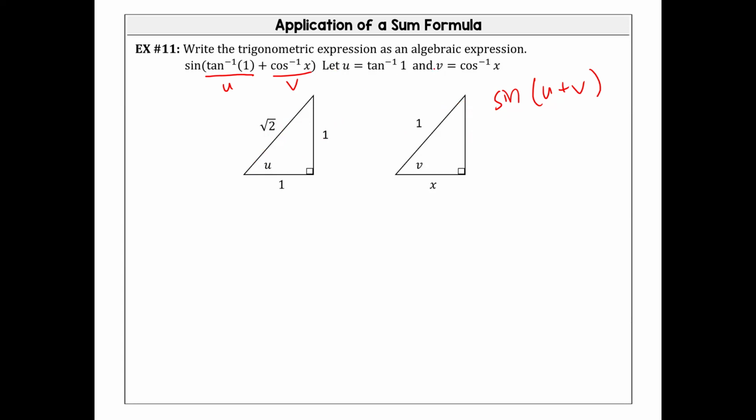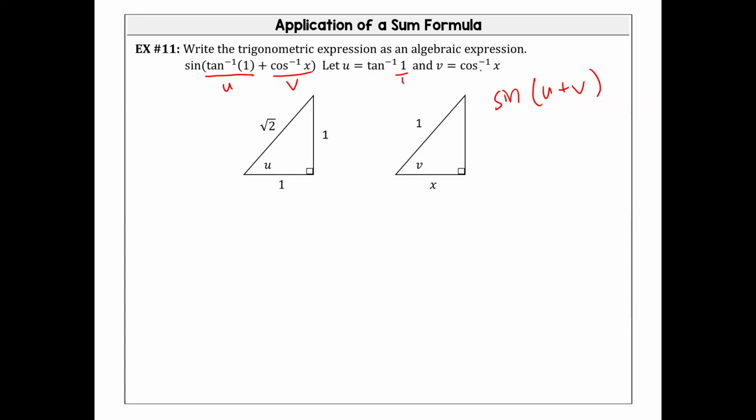On the next one, it says V equals cosine inverse of X. If we're looking for the cosine inverse of X, cosine means you have your adjacent and your hypotenuse, right? So we're looking for when V is X over 1. Because if there's nothing with the X, it has to be a 1. Does that make sense?